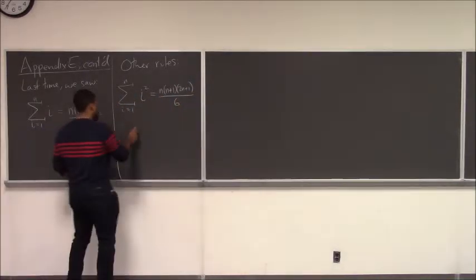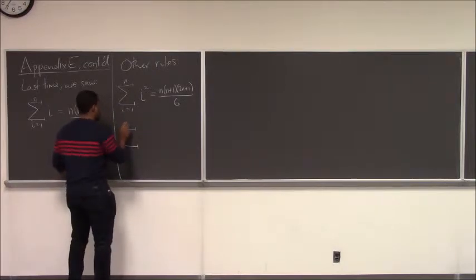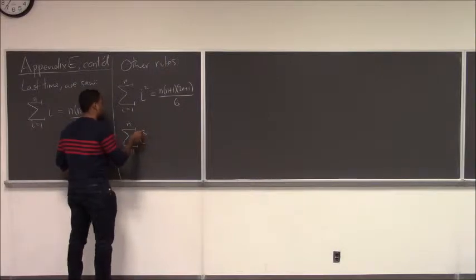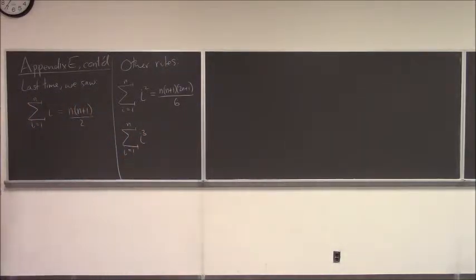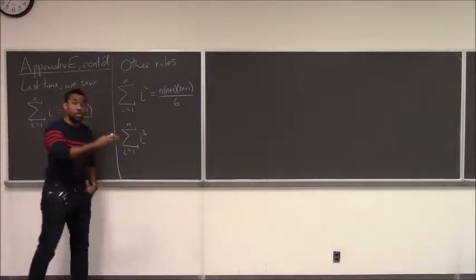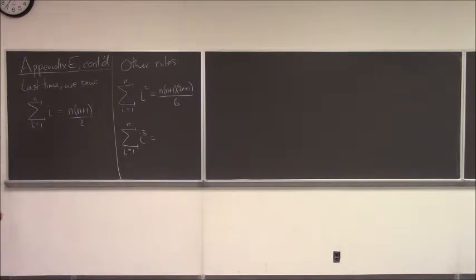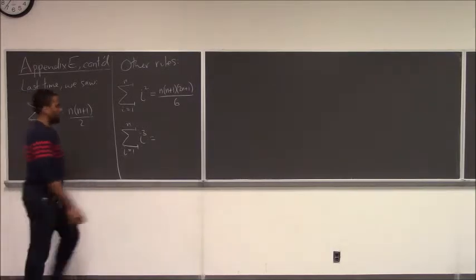You also have a rule that tells us how to add the first n cubes. So if you want to find the sum of 1 cubed plus 2 cubed plus 3 cubed plus 4 cubed plus 5 cubed going up to n cubed, that one is, interestingly enough, the square of this one.